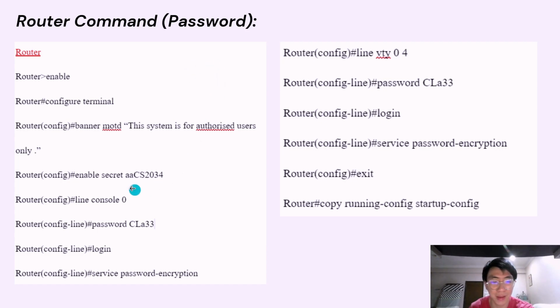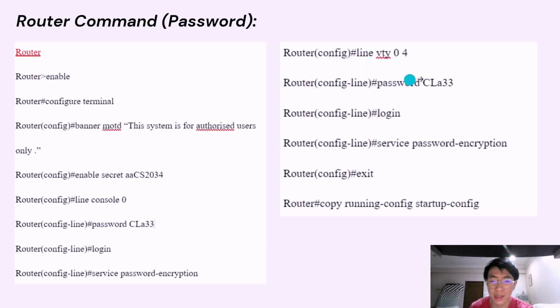Then we type enable secret AACS2034 to set the privilege mode password to AACS2034. Then we need to type in line console 0 as the physical port, while for the virtual teletype we need to type in line VTY, start line number and end line number, which is 0 to 4 for the router.